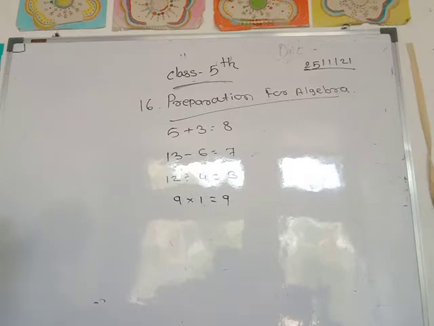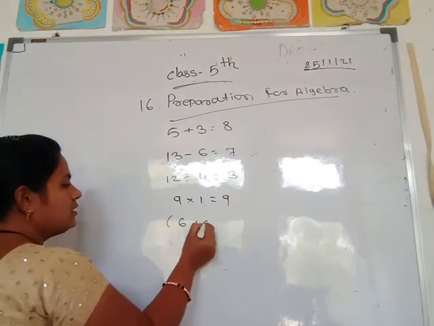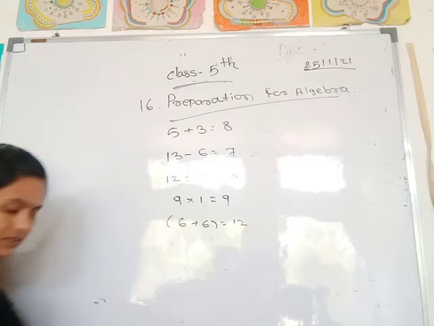Now let us think about this another way. Suppose that by performing a mathematical operation on two numbers we have obtained the number 12. Let us find the pairs of numbers they could be. You see the first, addition: 6 plus 6, this answer is 12.